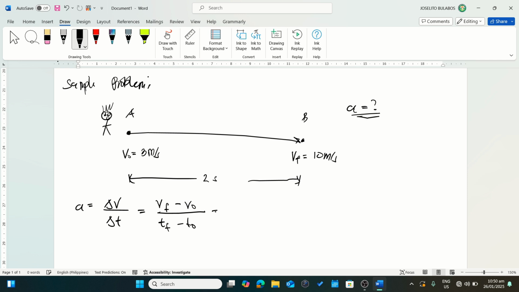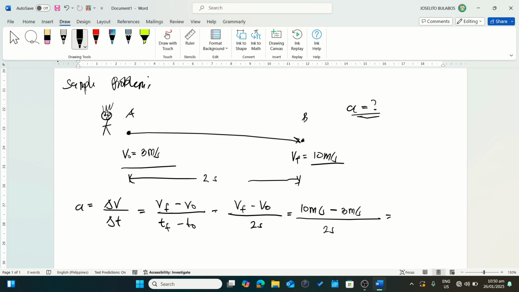But since we already know that it took 2 seconds for this change, we simply have Vf minus Vo over 2 seconds.